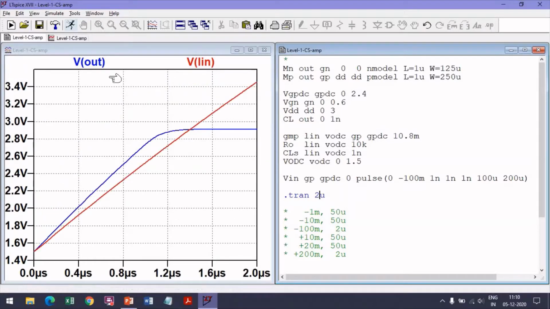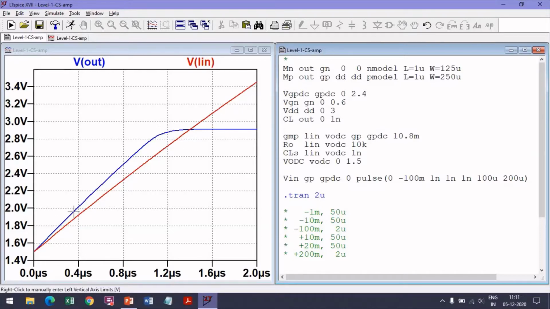All right, what happened? The red one is the linear one, the blue is the actual one. What we are seeing is that the blue one is basically a straight line at first, and then it saturates at 2.9 volts. What is happening? When the input step is negative, the PMOS conducts more current and eventually it goes into triode. So if the final voltage is 2.9 volts or so, the PMOS has gone into triode.